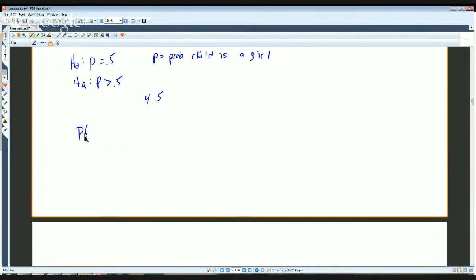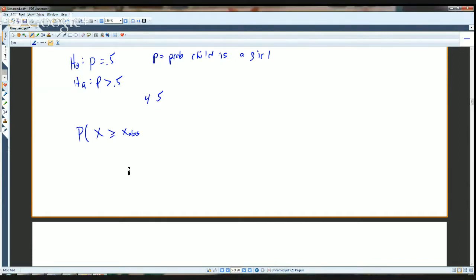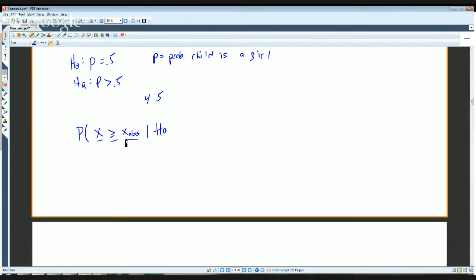So we're going to reject for larger numbers of girls. So simply the number of girls that this person has is a test statistic. If we wanted to calculate a p-value, it would be the probability of getting as many or more girls than we actually observed under the null hypothesis, and the null hypothesis is that p equals 0.5. So this is a binomial calculation.